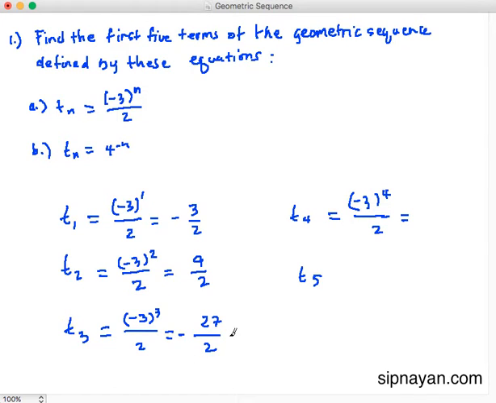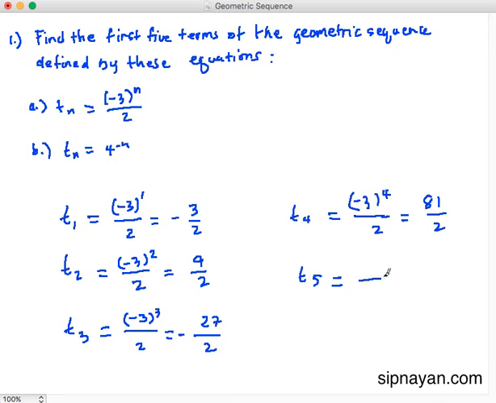That becomes 27 times negative 3 ay 81, kaso may negative ka dito. So this becomes positive 81 over 2. Anyway, you have a negative number with an even exponent, so the answer must be positive.